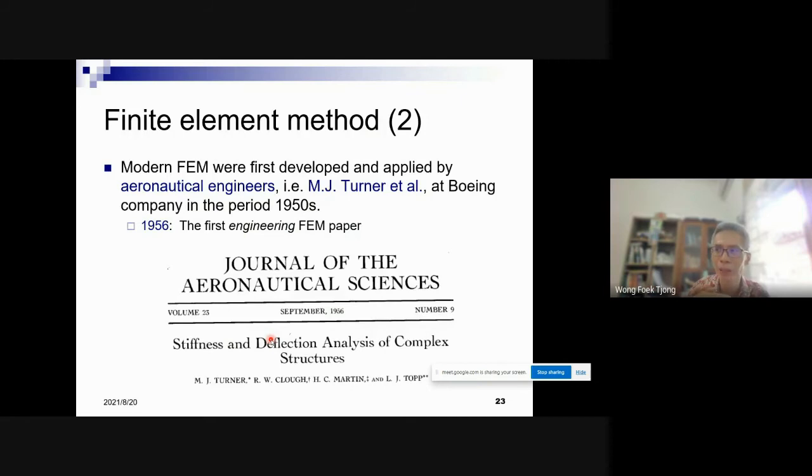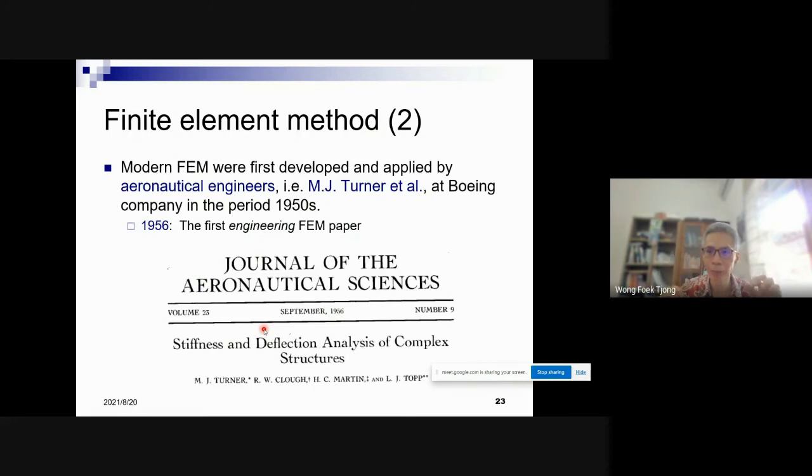So at the time they had difficulties calculating the stiffness, so they came up with this method. This maybe can be considered the first engineering finite element paper. Actually, before this, a mathematician, Courant, already wrote a paper about a solution method for torsional problems.